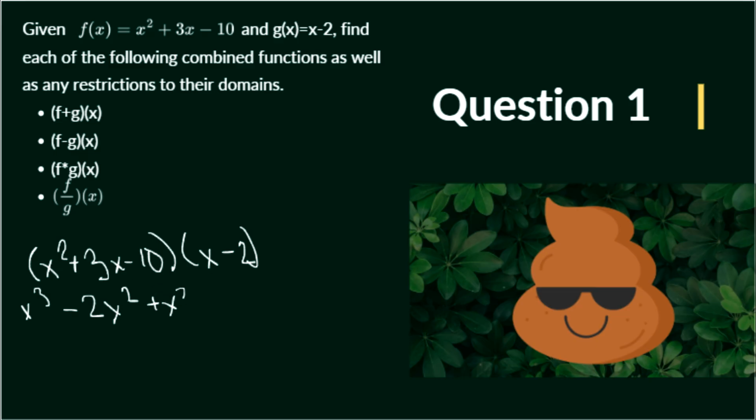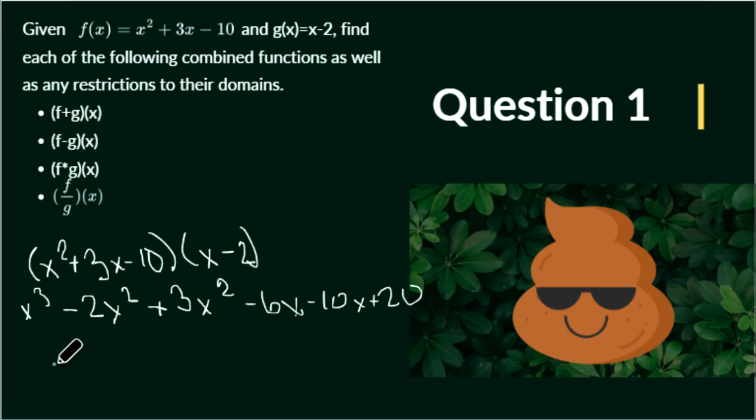I'm sorry, we're moving on to the 3x now. 3x times x is plus 3x squared. 3x times negative 2 is negative 6x. And then we have negative 10 times x is negative 10x. And negative 10 times negative 2 is positive 20.